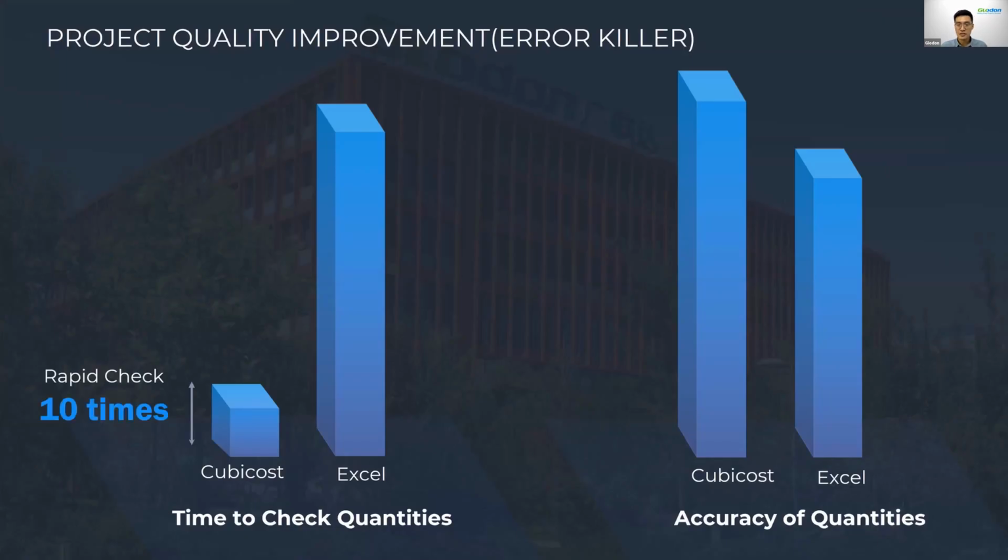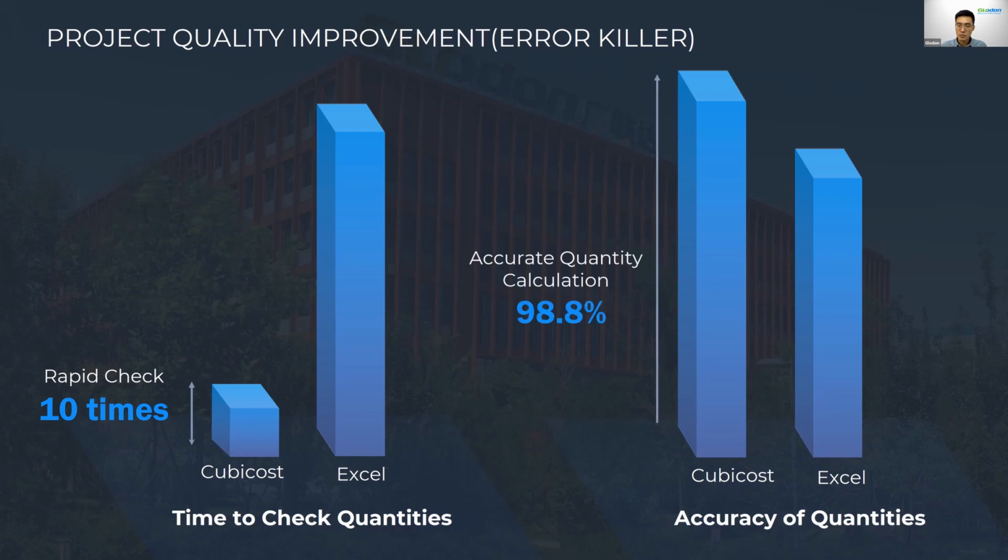Besides the efficiency, there are also many other benefits. So let's say, for example, we need to deal with checks or design changes a lot. When you use BIM technology, it can actually be 10 times faster. But when it comes to accuracy, this is also the feedback from the clients.